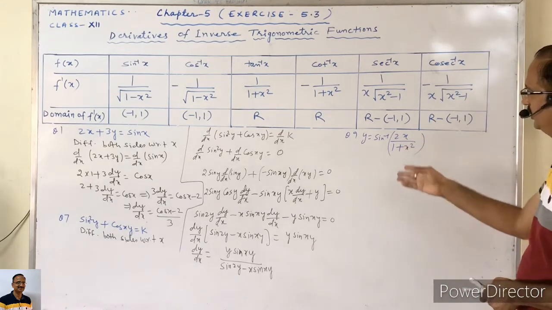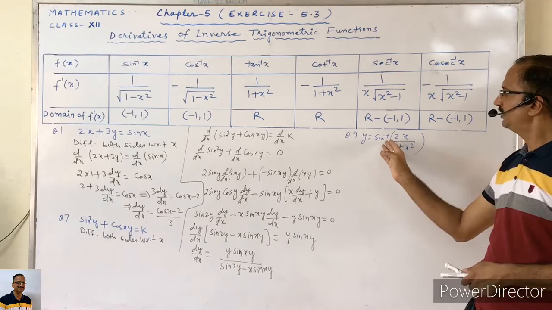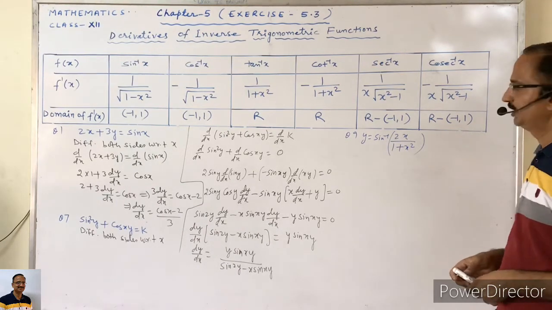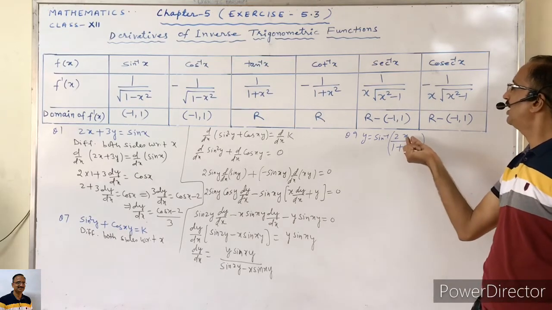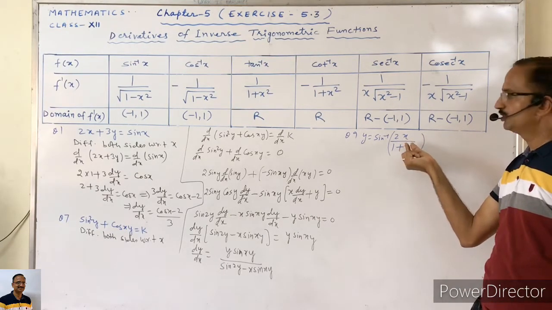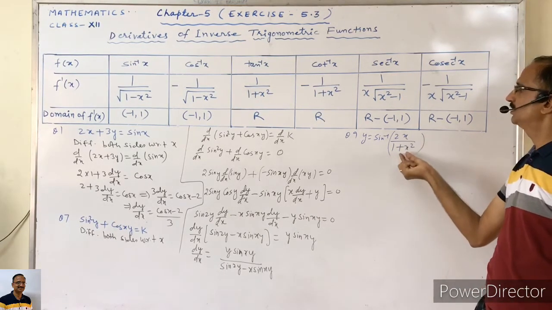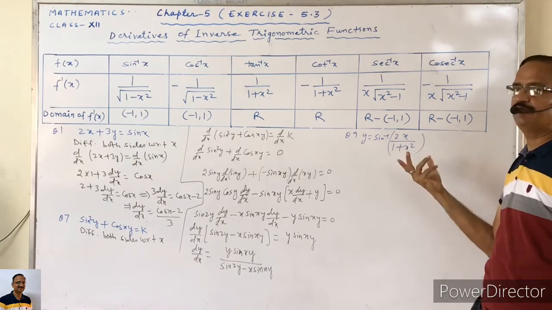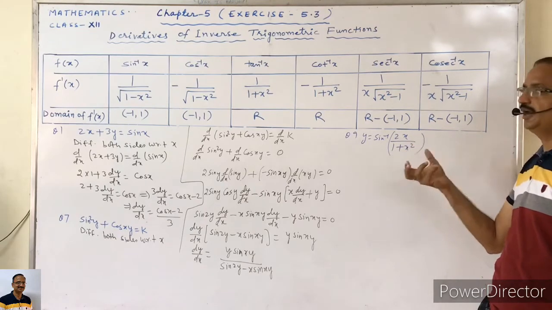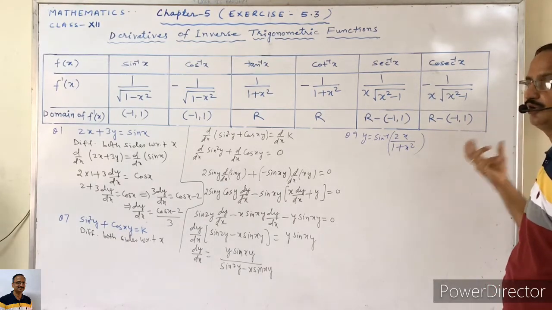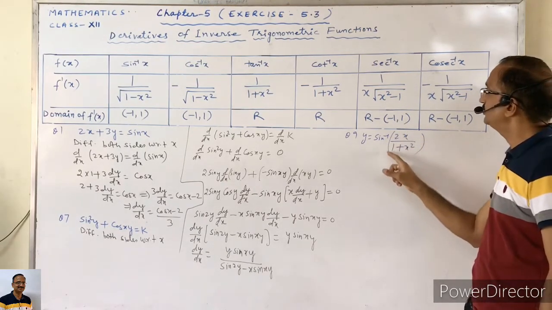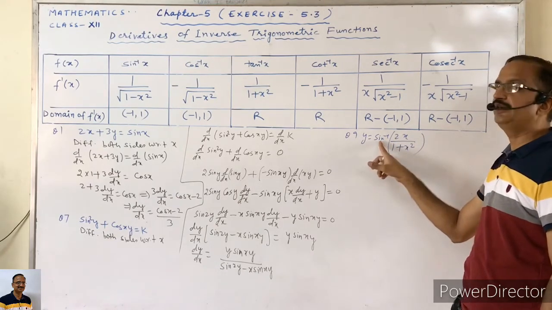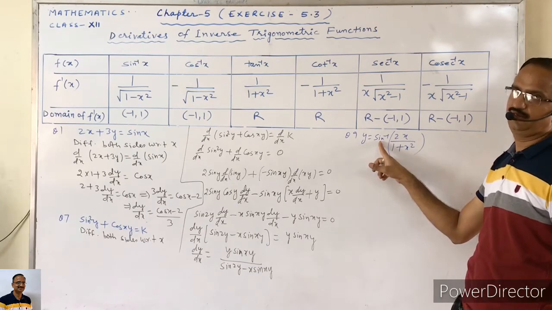Now, in these types of questions, when there is an inverse trigonometric function, think what should we put in place of x so that this will convert in the form of sine. x में आप क्या पुट करें, x की जगह कौन सी वैल्यू पुट करें कि ये जो वैल्यू है ये साइन में कन्वर्ट हो जाए. Why? Because we have sine inverse just before the bracket.